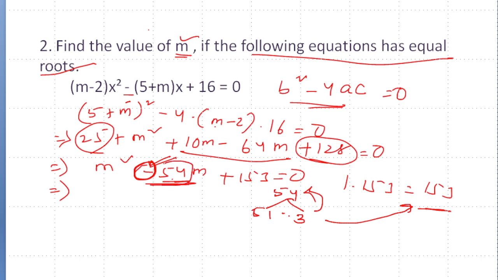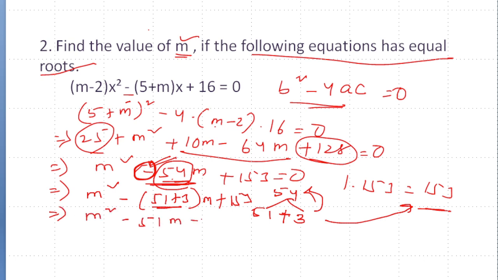Now in place of 54 write 51 plus 3. So m square minus 51m plus 3m plus 153. Now open this bracket. You all know very nicely what will come. m square minus 51m minus 3m plus 153 equals to 0. Now solve this.